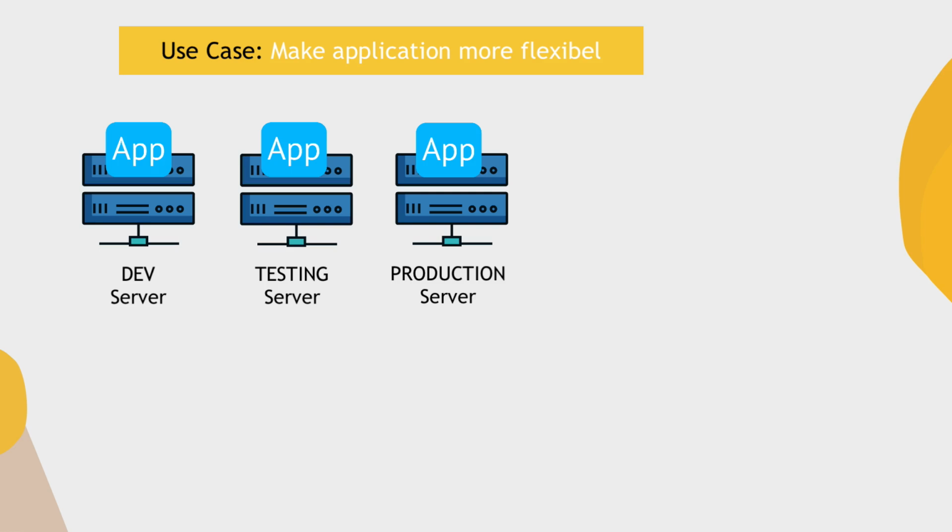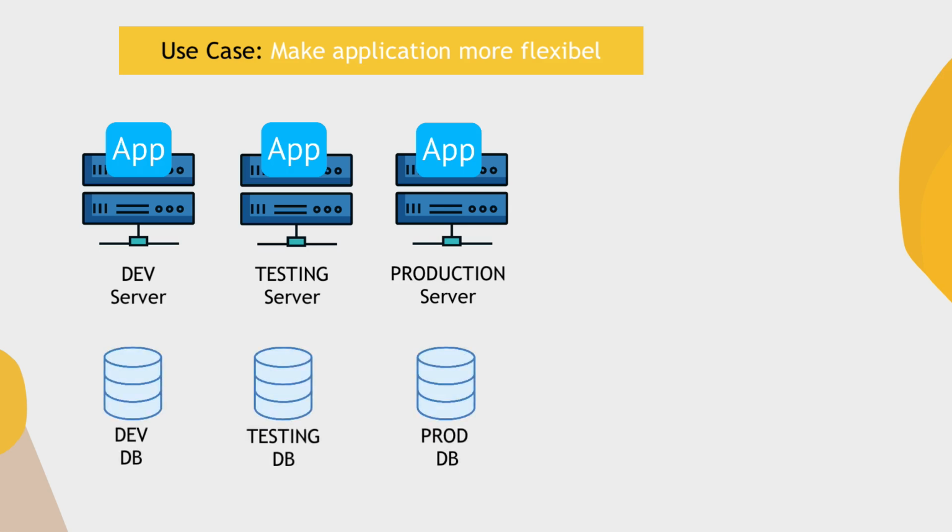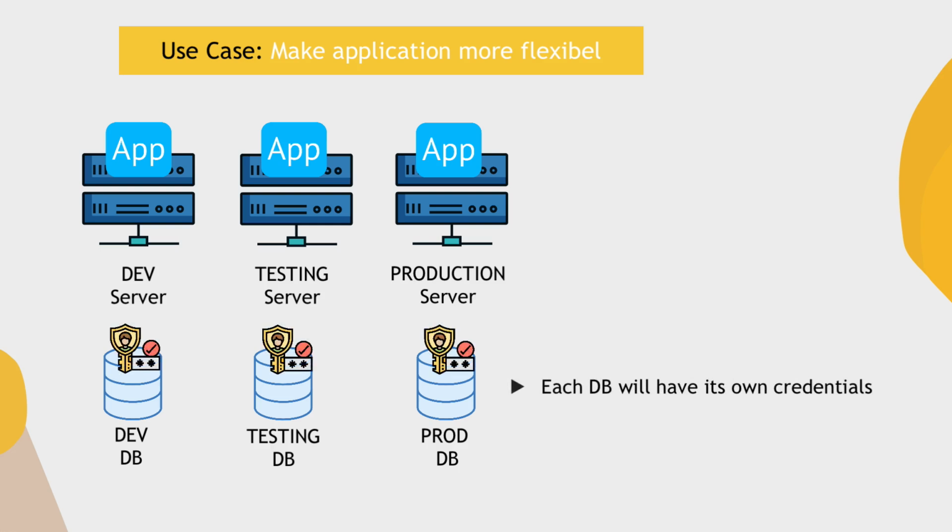And each of these environments, like develop, test, and production, will have their own database. So we'll have a database for testing maybe, and database for production. So production database will have its own credentials, and external services or external APIs, they will also have production access token and testing access token. That's a basic standard when developing applications.